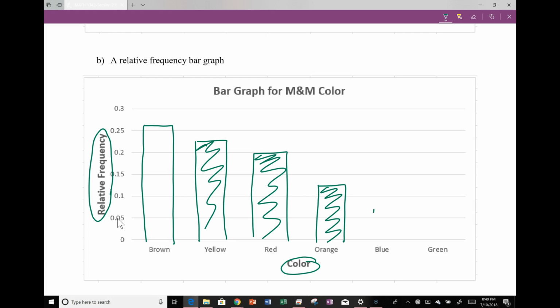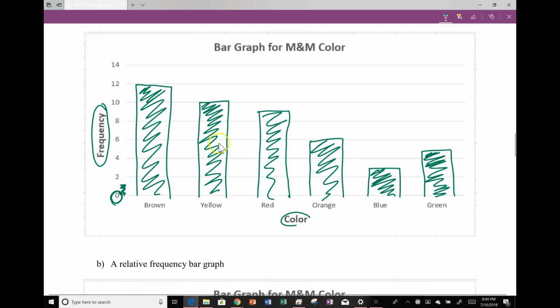But whenever we're looking at this, you can tell that on both of my graphs, my brown was definitely the highest, my blue was the smallest, and you can tell that green was shorter than orange. Red was taller than orange. It's the same situation here. So the heights of my graphs should be approximately the same.